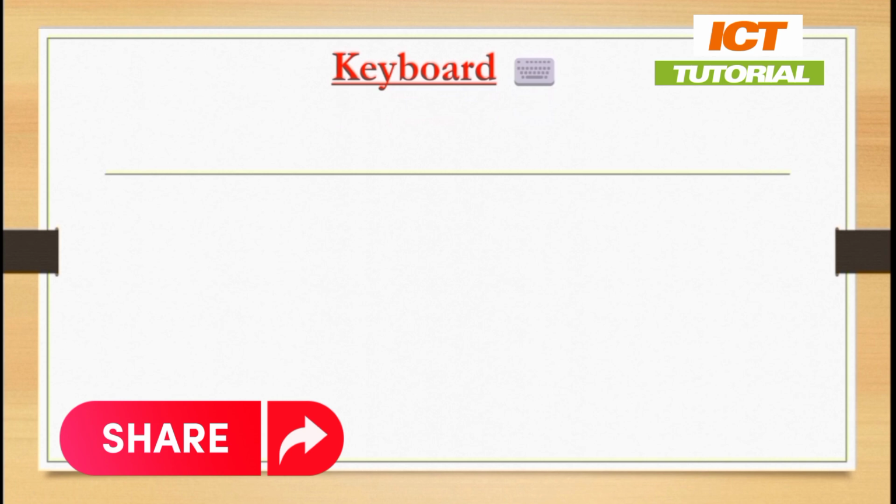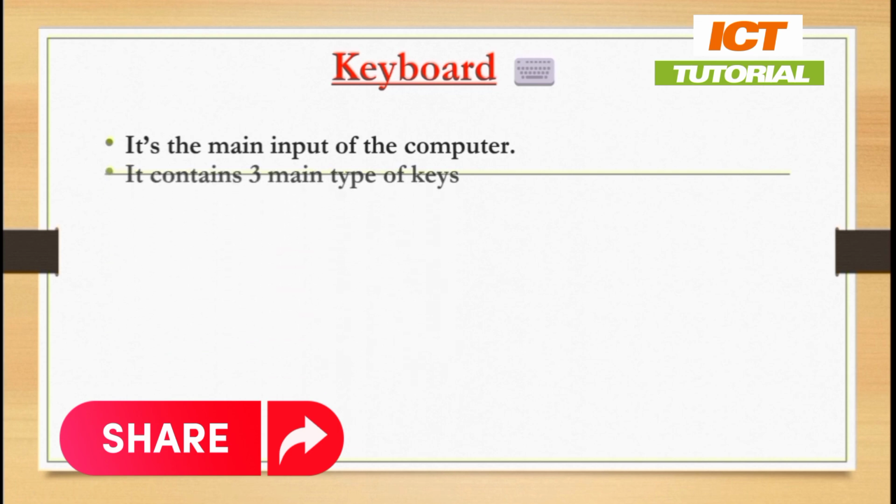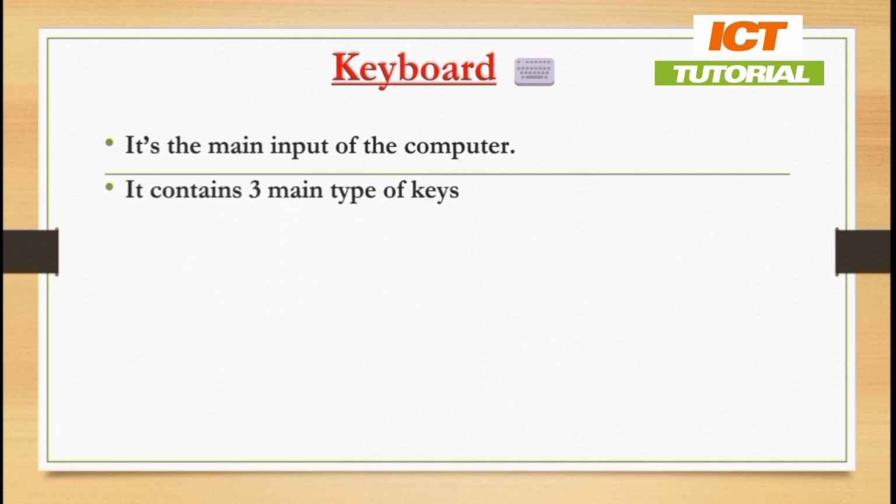These are the input devices. So we begin with the keyboard. It's the main input of the computer. If you look at my screen, you can see the keyboard up here. So it contains three main type of keys. Remember, in an exam you may be asked to give three main types of key, explaining each.